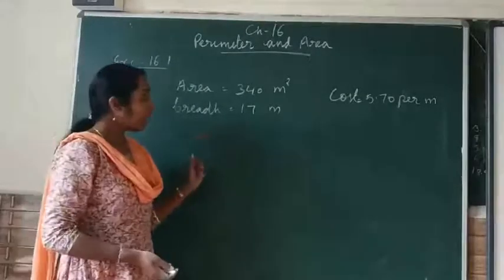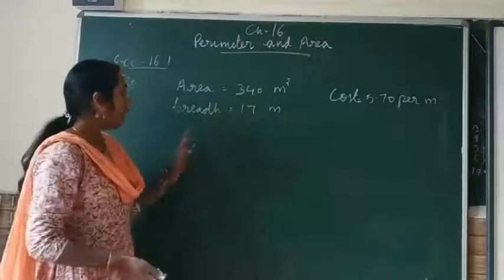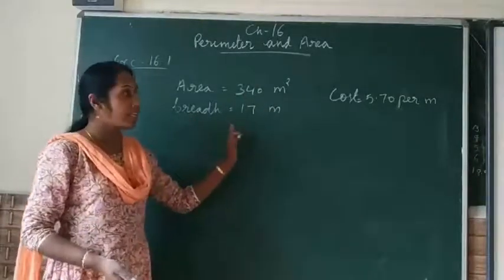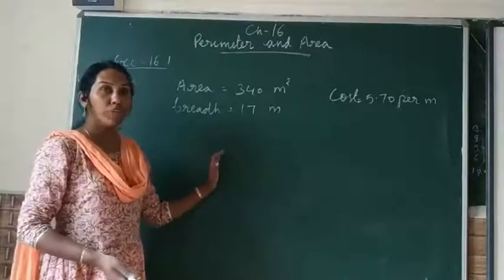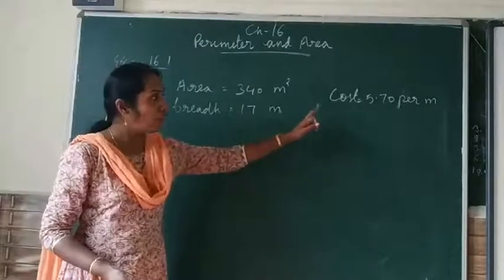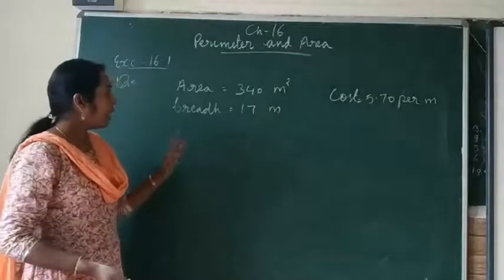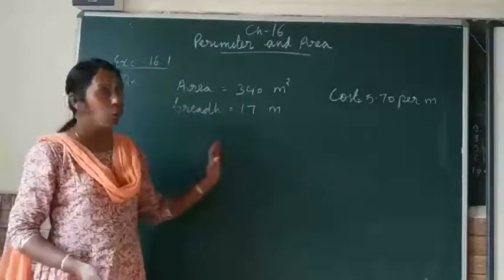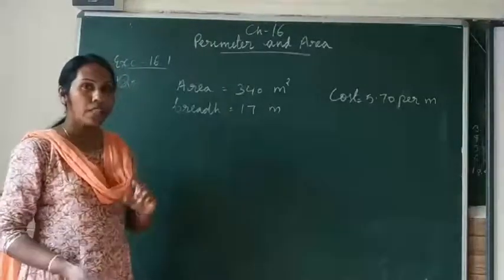In question number 5, a rectangular plot with an area of 340 meters square is given and its breadth is also given, that is 17 meter. And the question is to find out the cost of surrounding this plot with a fence at a cost of rupees 5.70 per meter. So here area is given, breadth is given. We have to find out the length. Only then we can find out the length of the boundary, that is the perimeter.